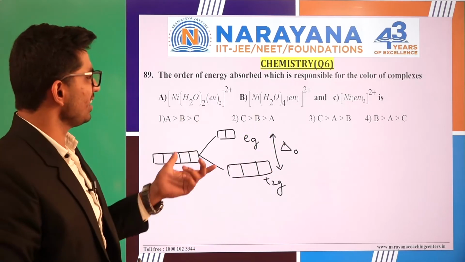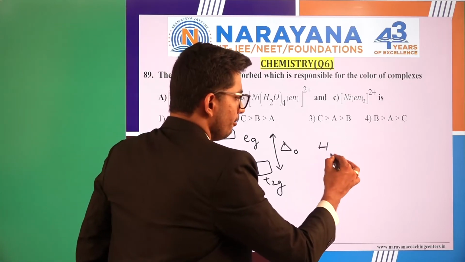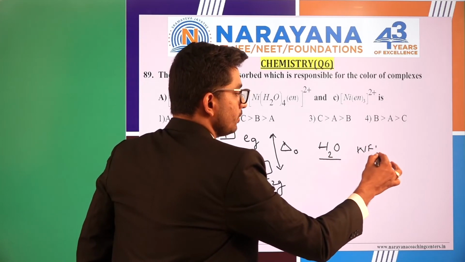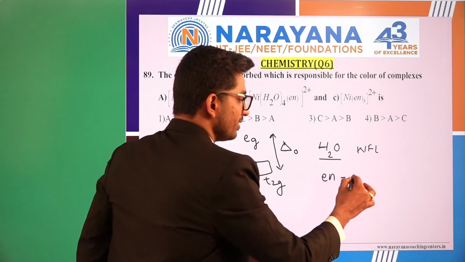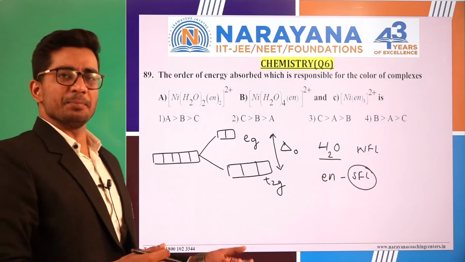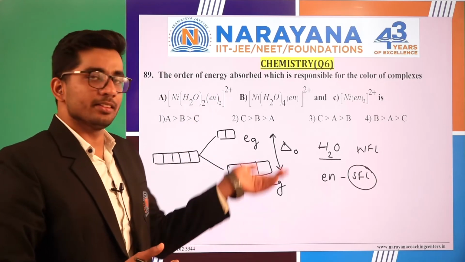So here, we know water is basically a weak field ligand. It is not a strong field ligand. Whereas en, that is ethylenediamine, is a strong field ligand. The stronger the field ligand, the more the splitting and the more energy will be absorbed while making the transition.